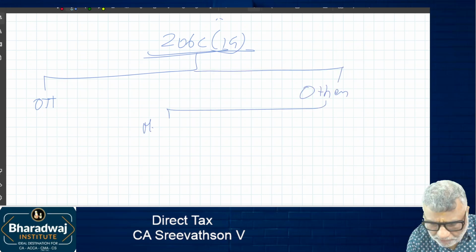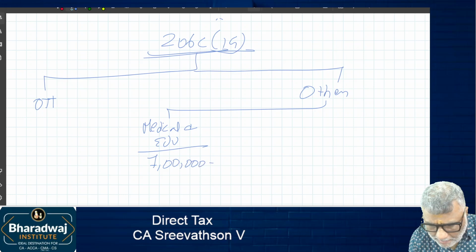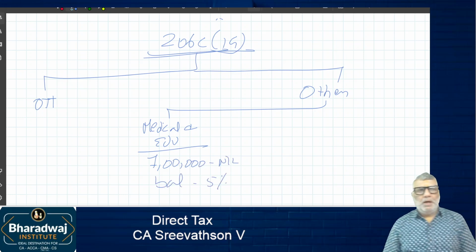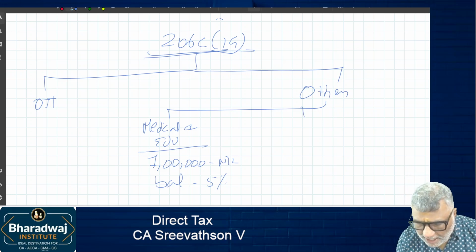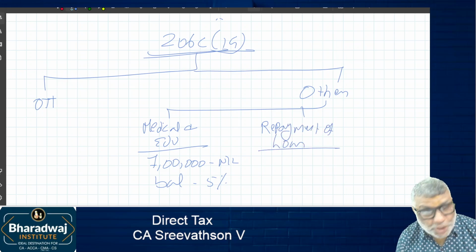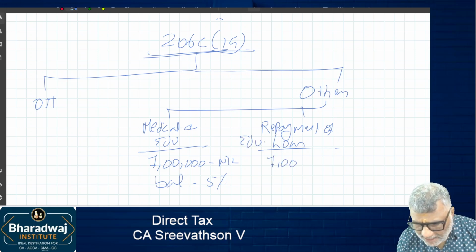If it is for medical and education, 7 lakhs is the threshold. Balance 5%. If it is a repayment of educational loan, again 7 lakhs nil, balance 0.5%.